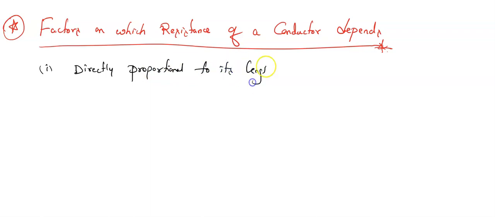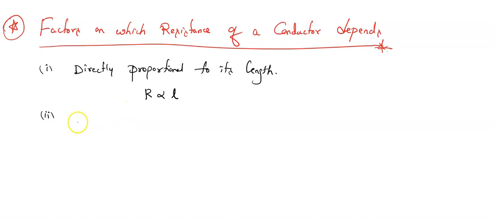That's nothing but resistance is directly proportional to length. How much the length will increase, the resistance also will increase. Understood? Is this clear? Good. If you increase the length of the conductor, resistance also will increase.